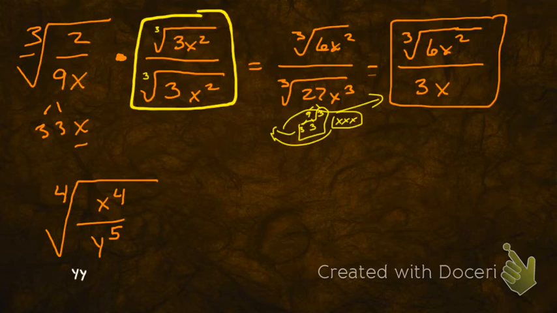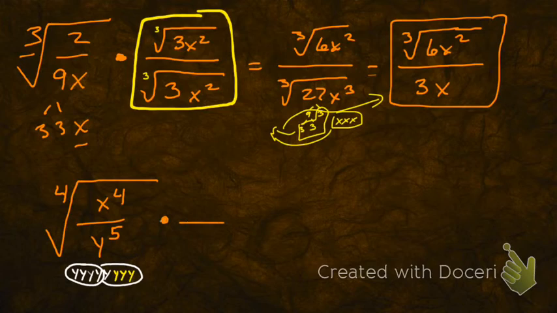All right, in this one, you have 5 y's on the bottom, and you need groups of 4. So it looks like you have a group of 4, and you've got to form another group of 4. You're going to have to fill that second group, so what you're going to need is 3 more y's.